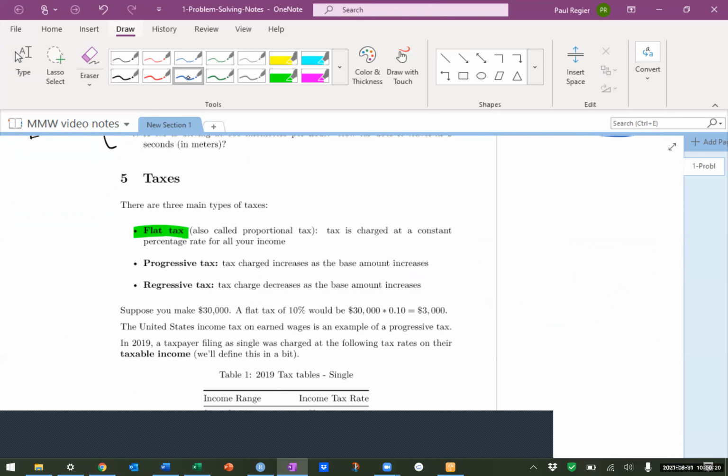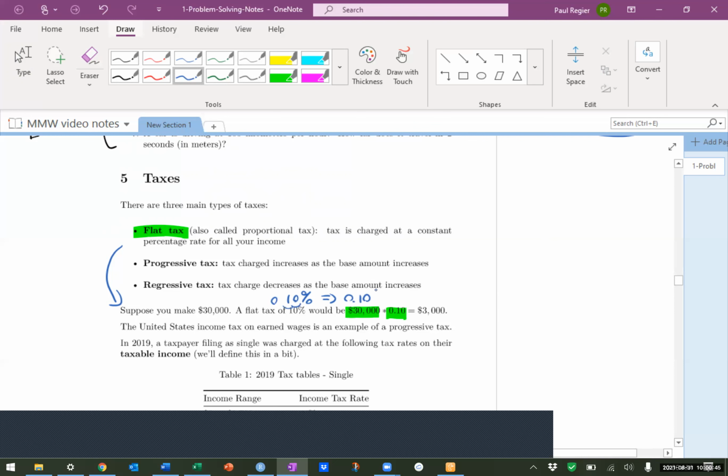So let's look at that example. Flat tax. You make $30,000 in a year, and if the government charges a flat tax of 10%, well, 10% of 30,000 is 30,000 times 0.1. Remember, we have to take that 10% and convert it to a decimal by moving the decimal place.